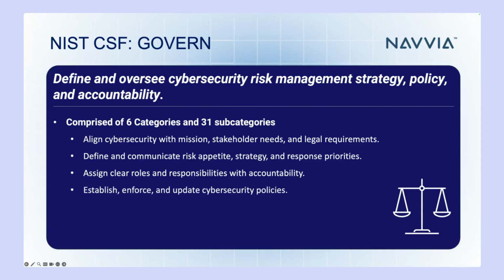You need to establish, enforce, and update the cybersecurity policies. I mean, you could have a whole bookcase full of policies, but they're only as good as your practices, right? So you need to enforce and update those policies. And then you have to review performance to adjust your strategy and improve outcomes.